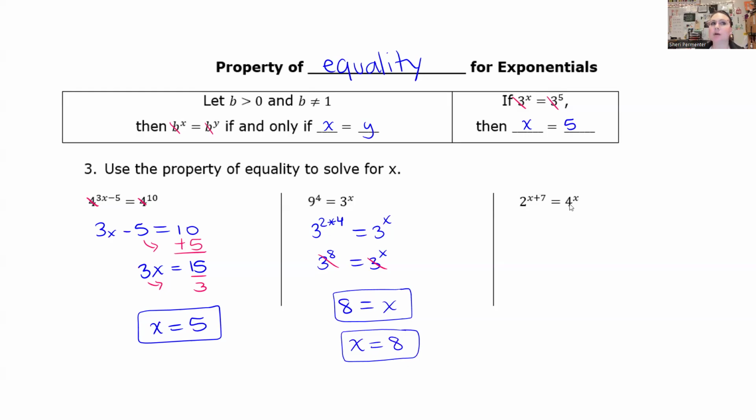For the next problem, our bases are not equal, but we can make them equal. Can we rewrite 4 as a base of 2? How? 4 is the same thing as 2 to what power?